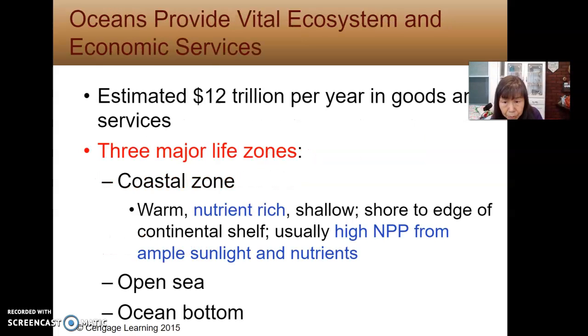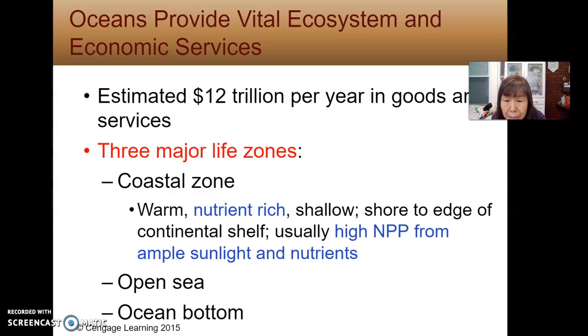Sometimes we praise people for how much money they earn, but look at the ocean. We estimate the money the seawater can earn is $1 trillion per year. We really should respect nature, respect the environment.